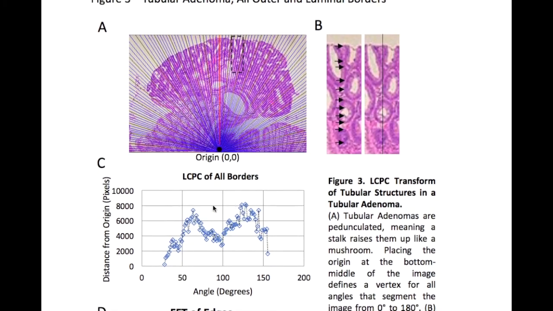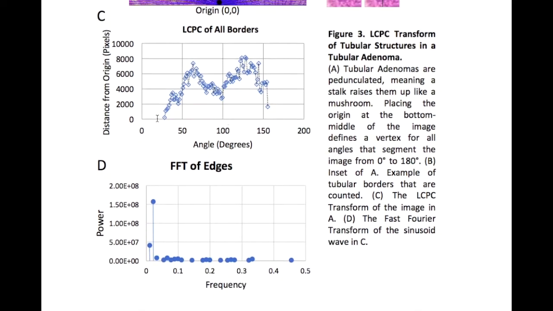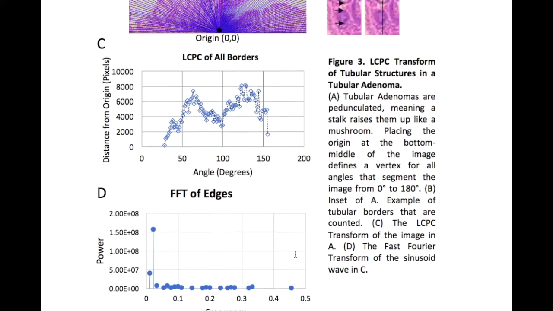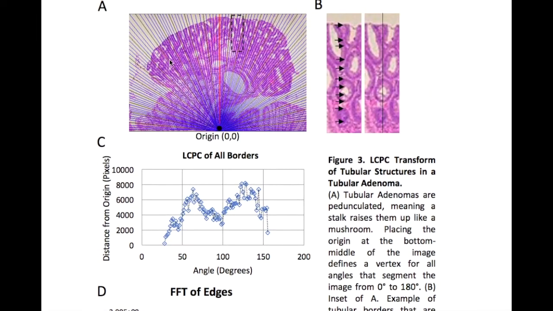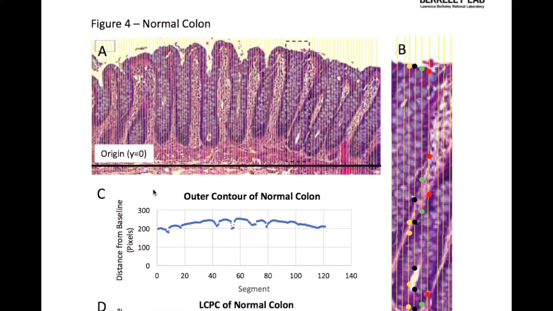So in this case, panel C is the LCPC transform of the tubiness of the image in panel A. If we apply the fast Fourier transform to the discrete wave in C, what we see is a frequency signature representing the tubiness of this image.